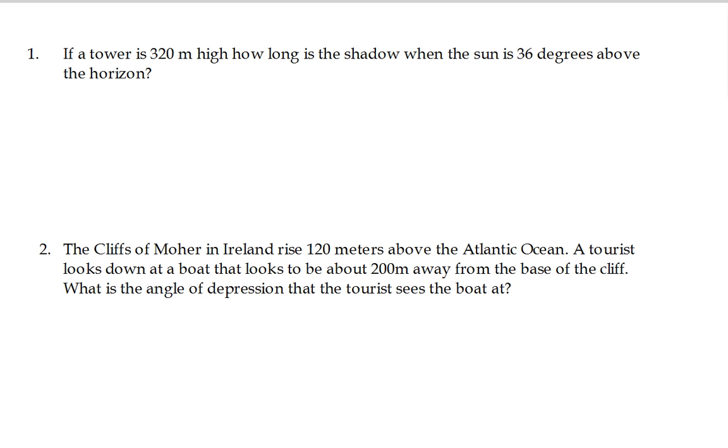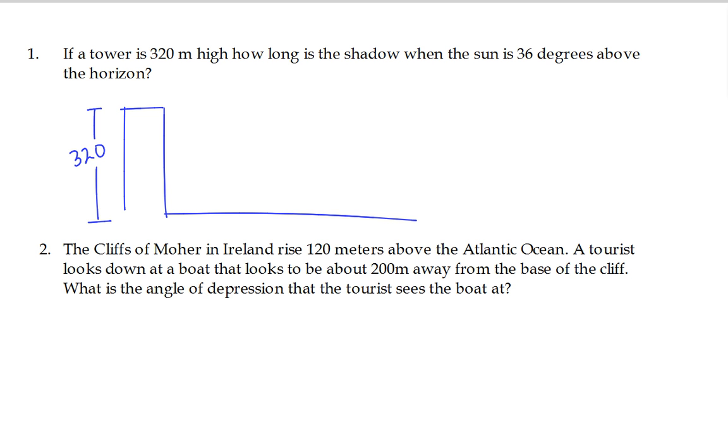A tower is 320 meters high. I can handle that. I think you guys can handle that. Then it says, how long is a shadow when the sun makes an angle of 36 degrees above the horizon?